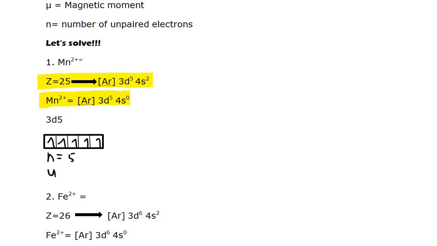So square root of 5 into 5 plus 2, that is 7. You will get 35.